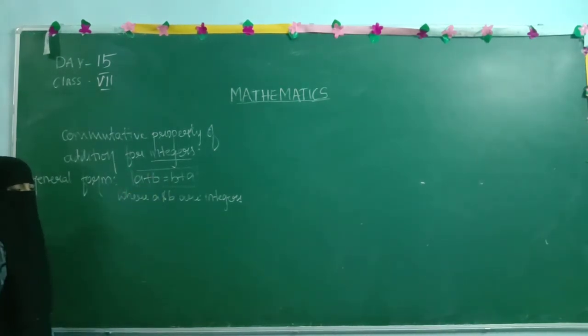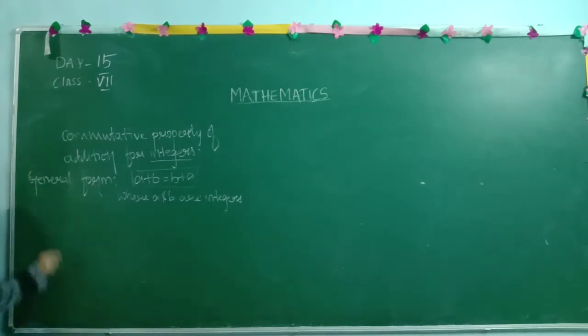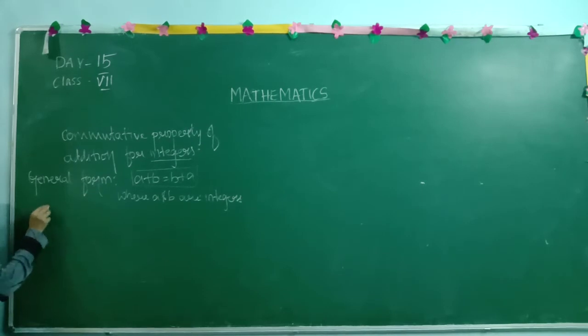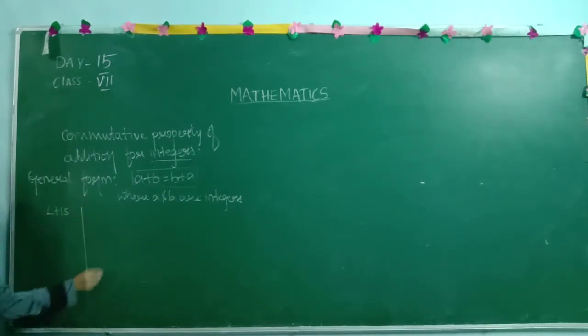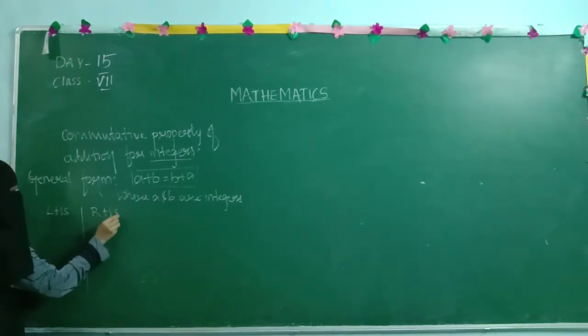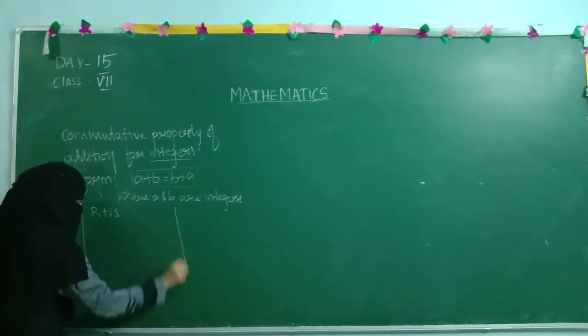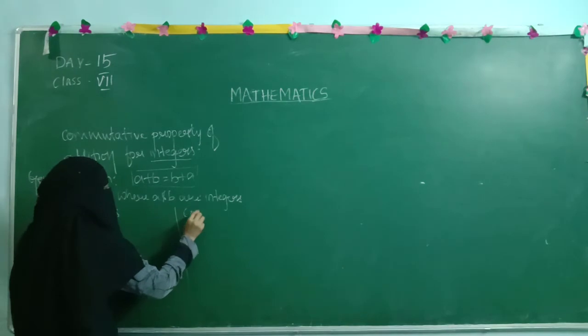Okay, so first I will take one box. Here I will write LHS, RHS, and this I will write conclusion.